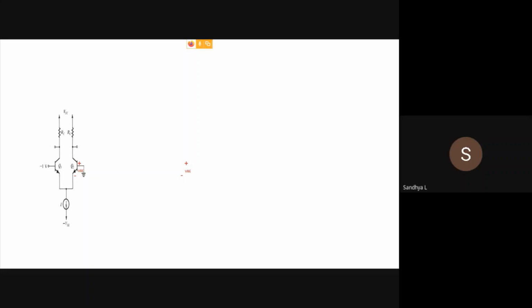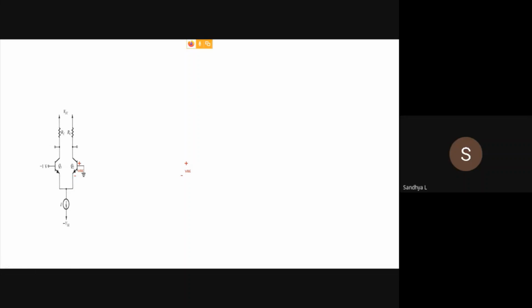So since 1 volt is sufficiently large and you need just in the order of millivolt or ideally in the order of microvolt, the difference between the input voltages, here one of the transistors is on. So which transistor is on? Whichever transistor has a positive base voltage or a higher base voltage, that will be on. So here 0 is more positive than minus 1 volt. So Q2 will be on and Q1 will be off.